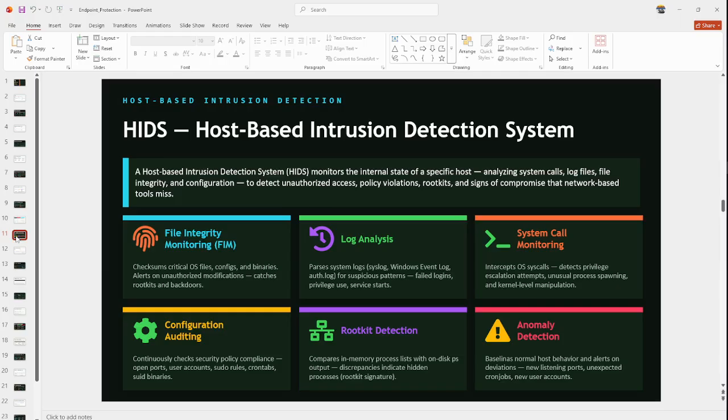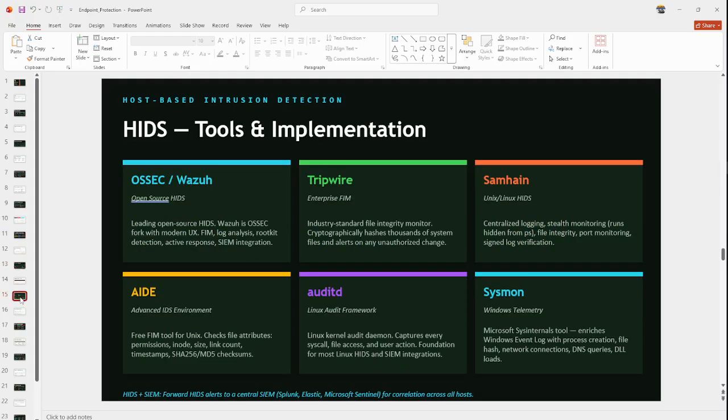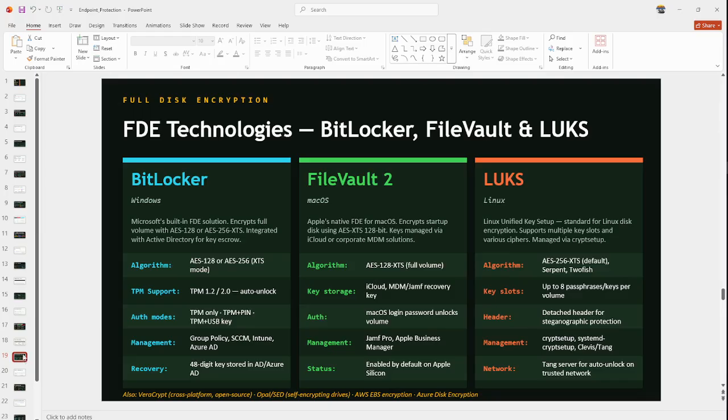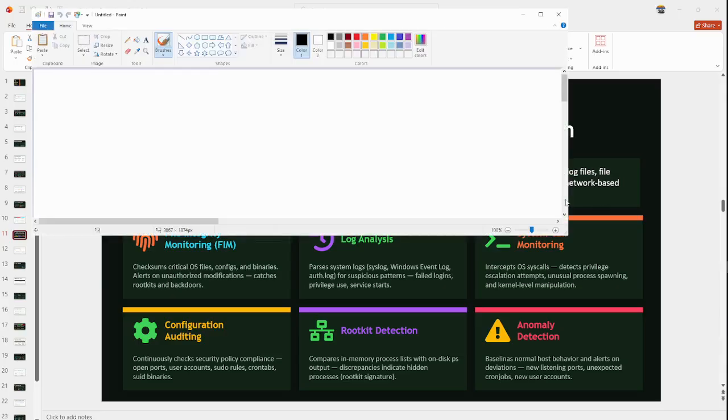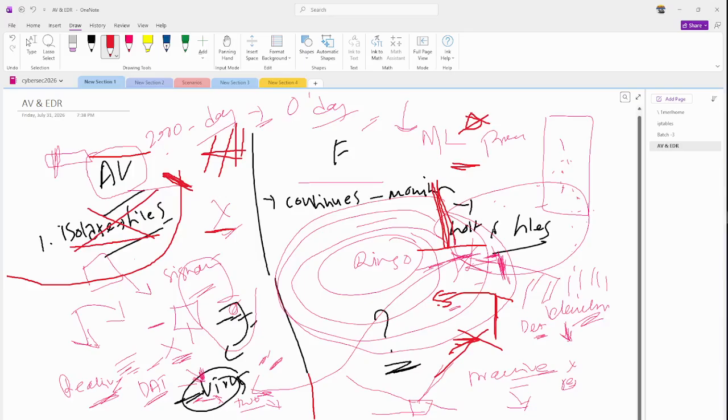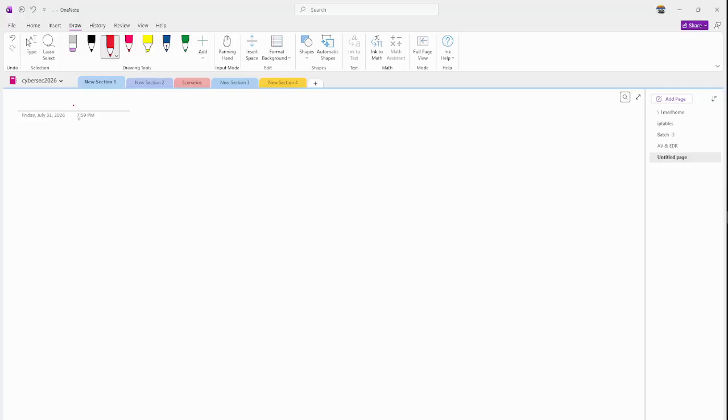So now we have the host-based intrusion detection system. Okay, we will take Paint only here. I understood, sir. So next to EDR I will have HIDS now.